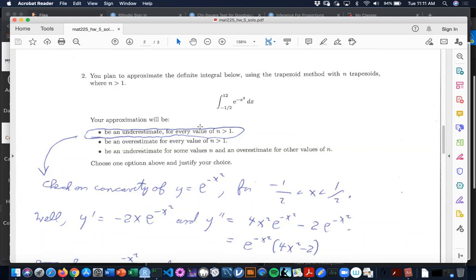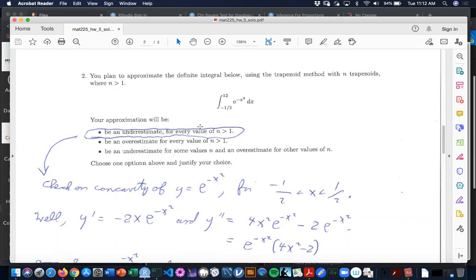And so there'll be overestimates coming from the rectangles that are past 1 over root 2 all the way up to 12. Now, they're tiny trapezoids because the curve is getting so close to 0 after a while. So it actually is going to be really hard to figure out what that is.